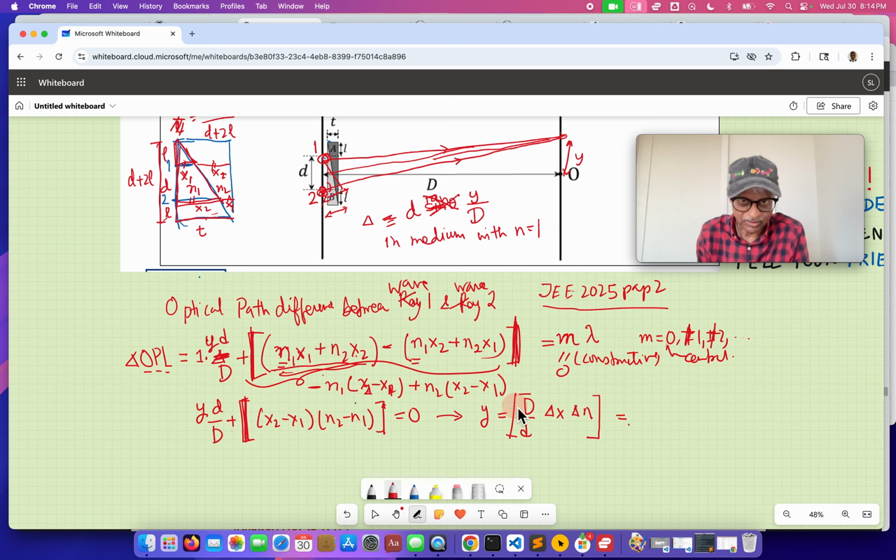So this will go into minus if I call this delta x and call this delta n.